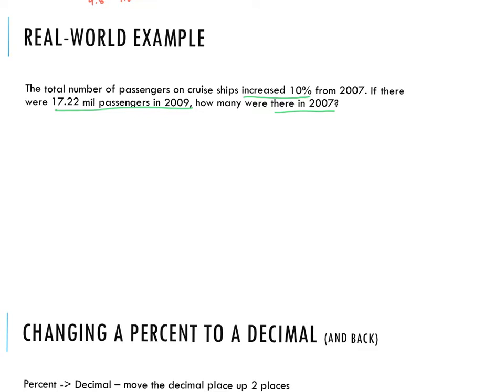The total number of passengers on a cruise ship increased by 10% from 2007 to 2009. If there were 17.22 million passengers in 2009, how many were there in 2007? So we're trying to find the original amount. I'm going to make my variable, in this case f, and so this is my original amount.